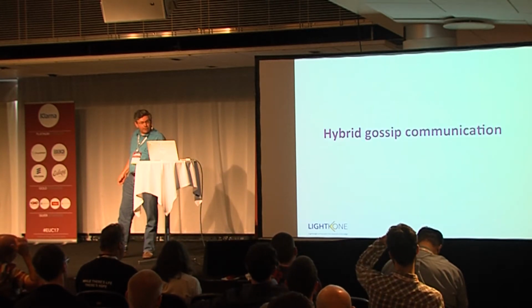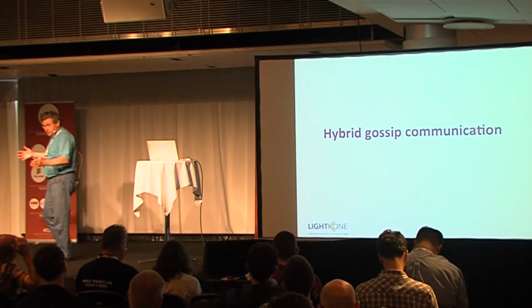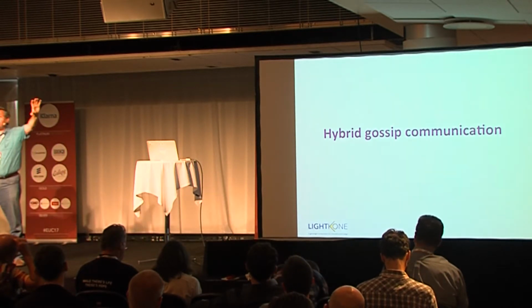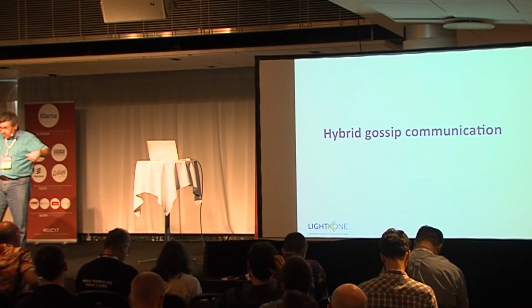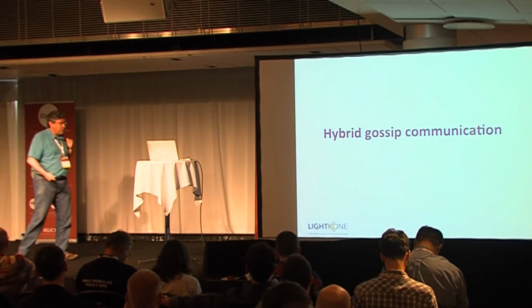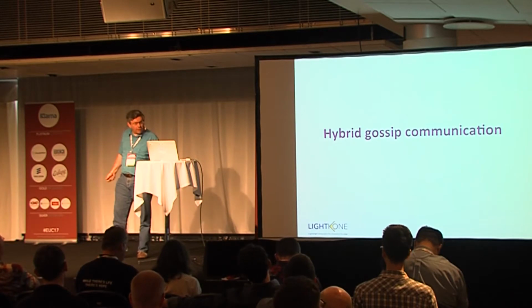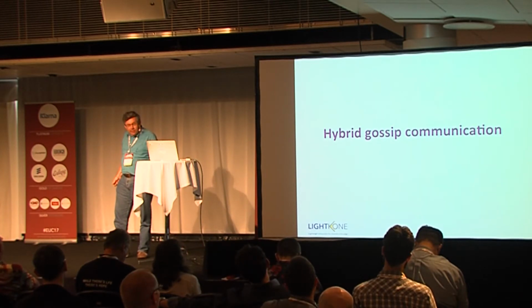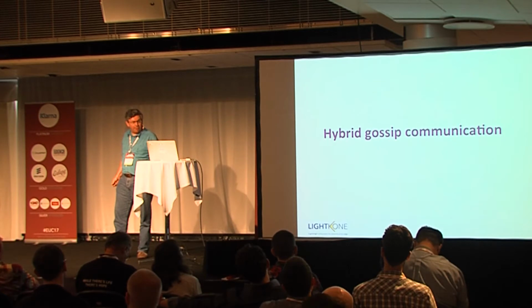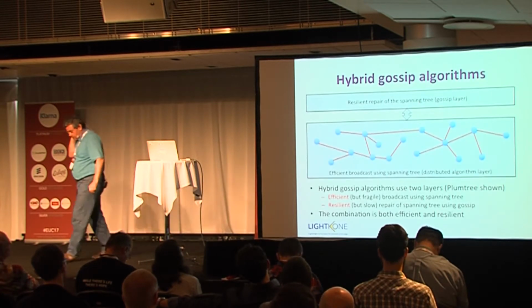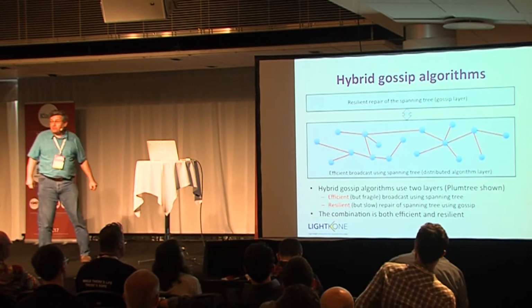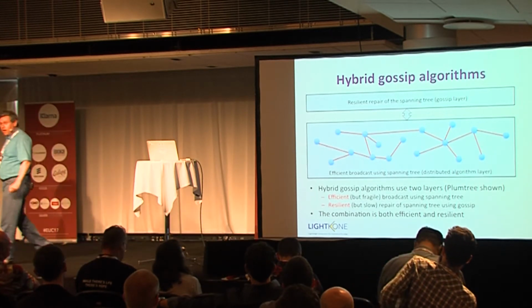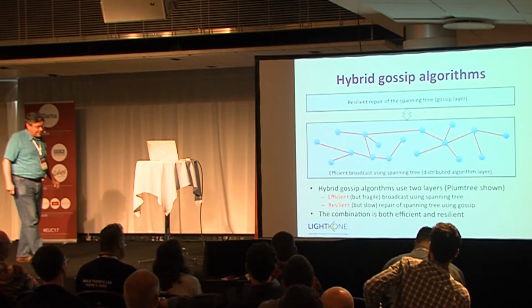Let me tell you something about the communication. So our system has two layers. It has a convergent computation layer, but also the nodes need to communicate in these dynamic edge networks. So how does that work? Well, basically, we use hybrid gossip algorithms. These are really very, very useful and clever. So here's a typical one called Plumtree, which is used in Riak, by the way, written in Erlang.